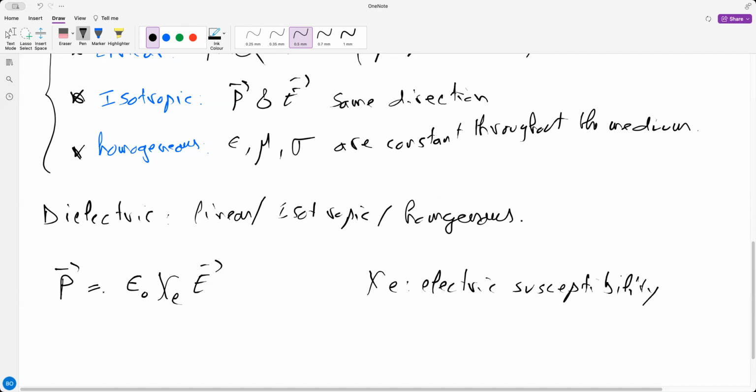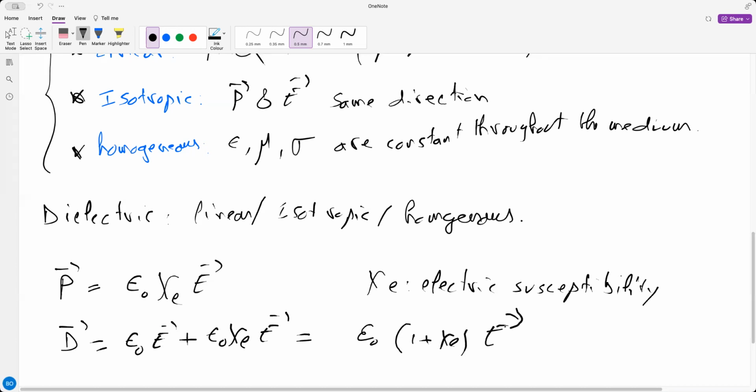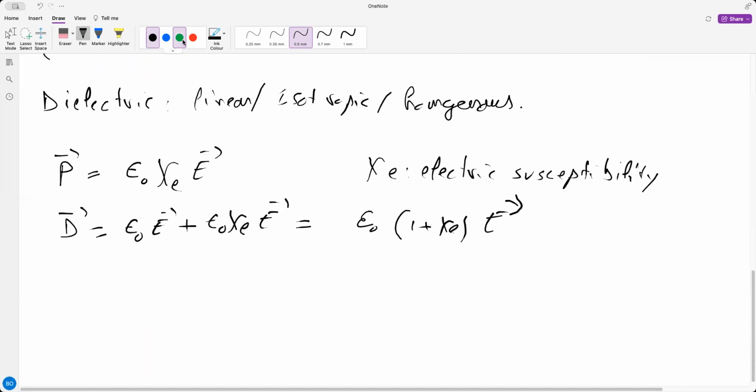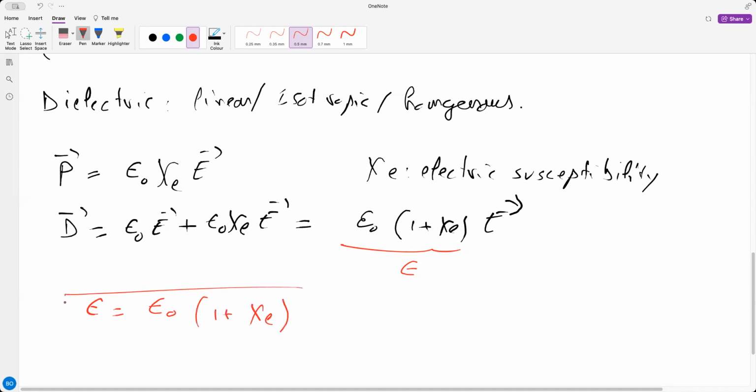In this case, if I look at the total flux density, which is equal to epsilon 0 E plus the polarization field, which is epsilon 0 chi E, this gives me epsilon 0 (1 + chi) E. Okay, and this is called the permittivity of the dielectric. So the permittivity of the dielectric is equal to the permittivity of free space times 1 plus the electric susceptibility.